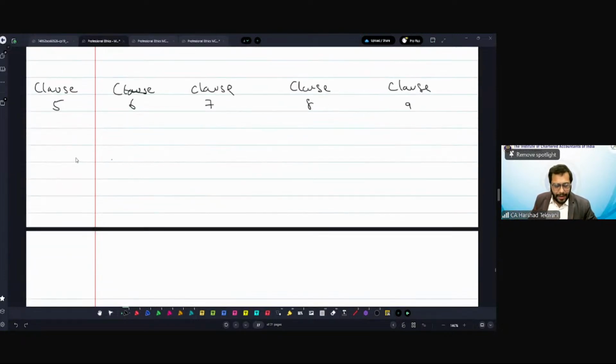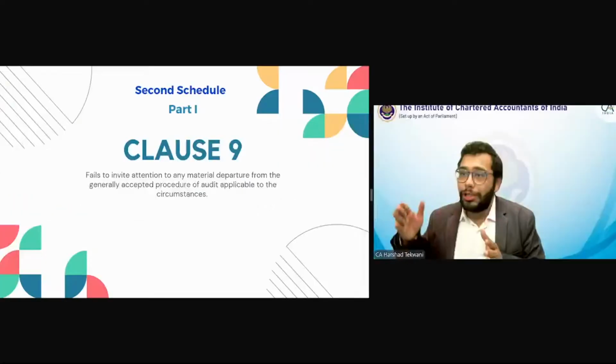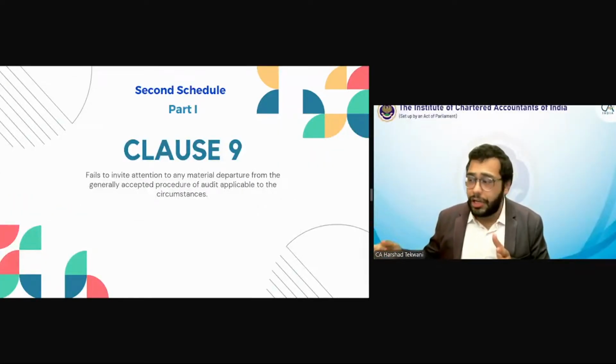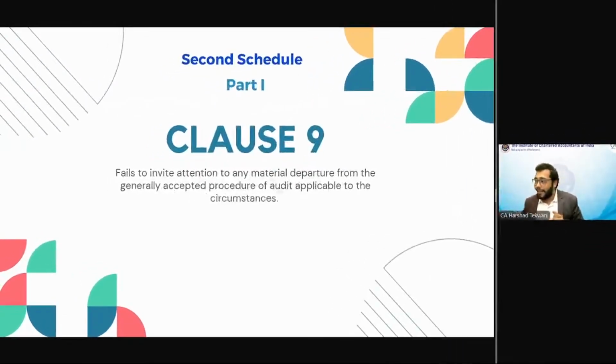Now, clause 5 says that if a CA in practice or a member in practice fails to disclose, does not exercise, is grossly negligent, fails to obtain, or fails to invite attention. All these things are linked, where the member or CA in practice has not or is not able to perform the appropriate duties. So that's why I usually club 5 to 9 together when I'm discussing.